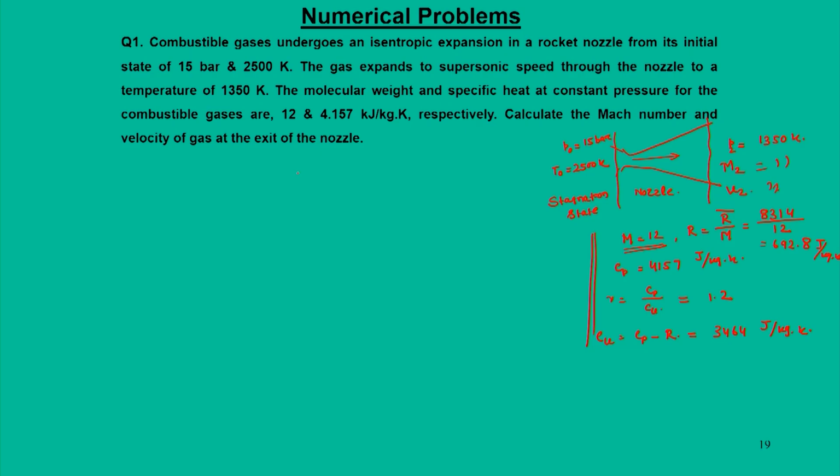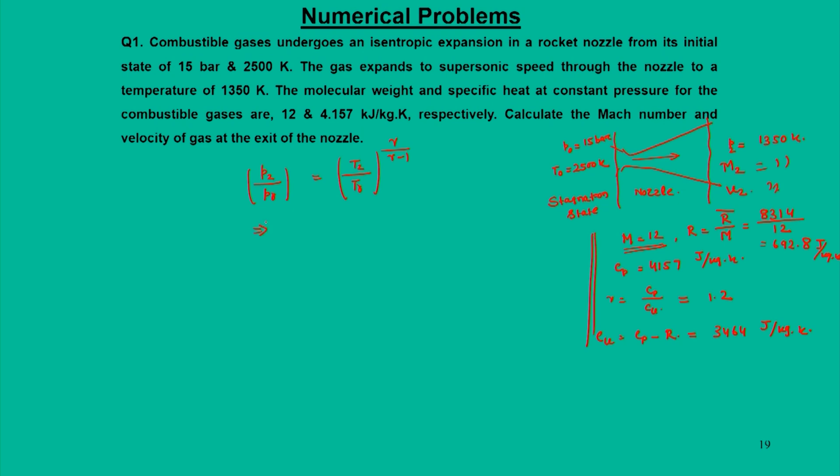Then we can use these isentropic relations. Here we can write P2 by P naught is equal to T2 by T naught to the power gamma by gamma minus 1, which is the first isentropic relation in terms of pressure and temperature.